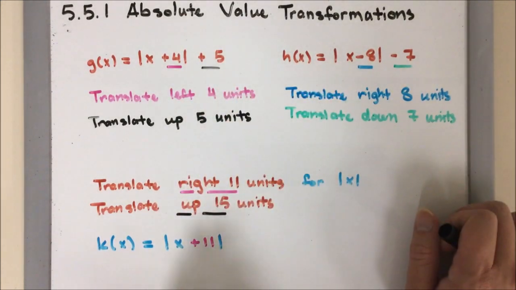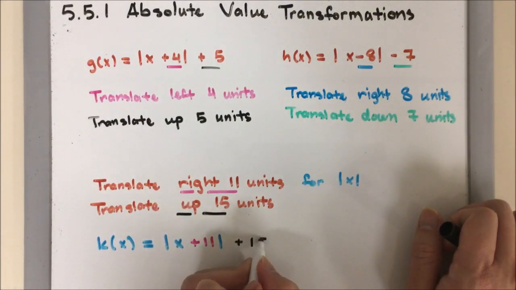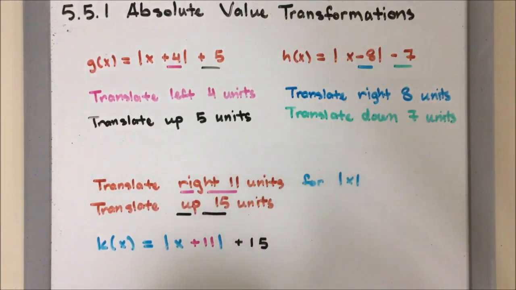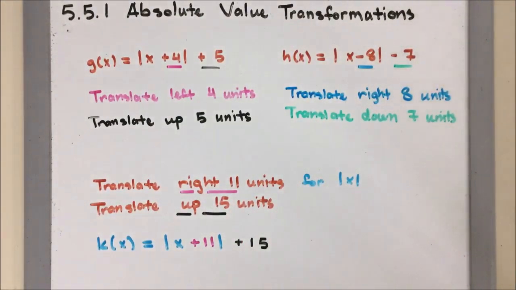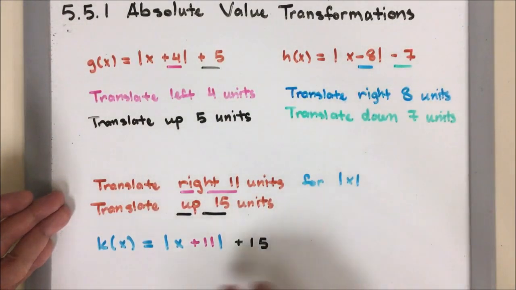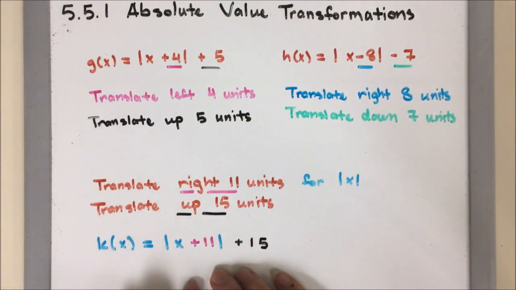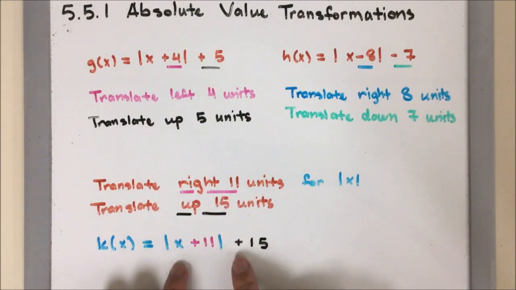So if it's up 15, I'm simply going to write plus 15. And that is my equation for these two given transformations. So again, when you're given a transformation, just make sure that you remember the patterns, the rules, on how to write the equation. So my answer is k of x equals the absolute value of x plus 11, and then plus 15.